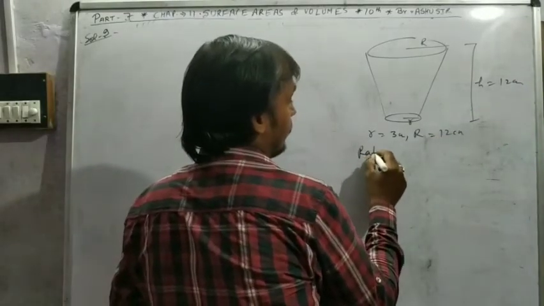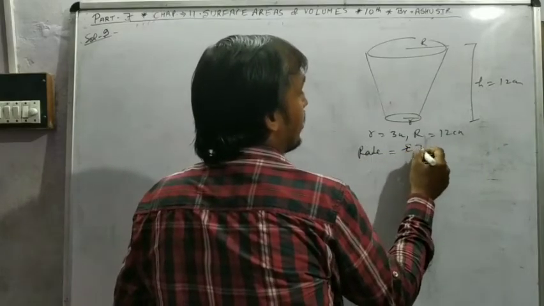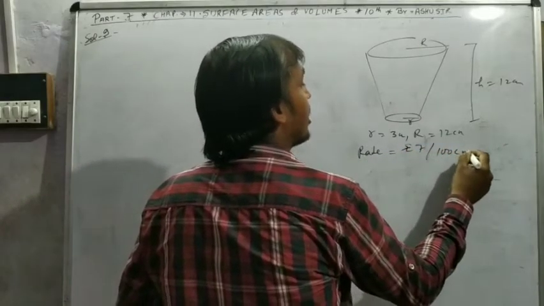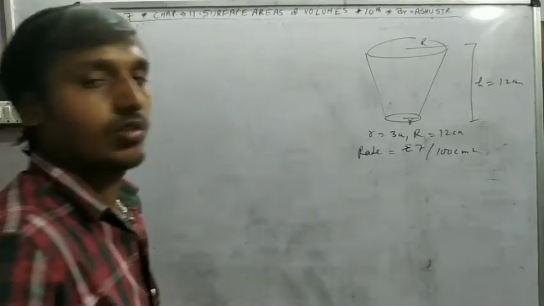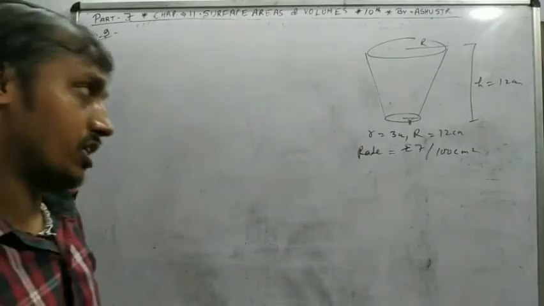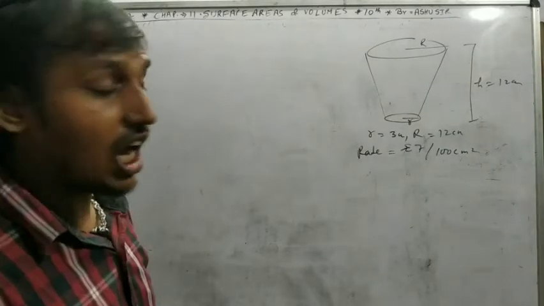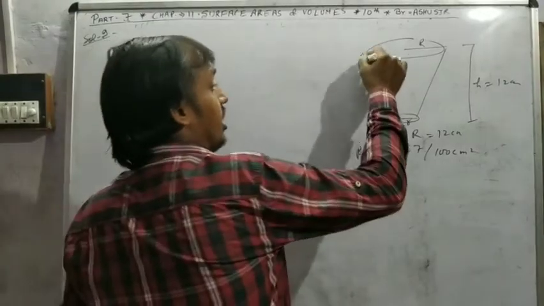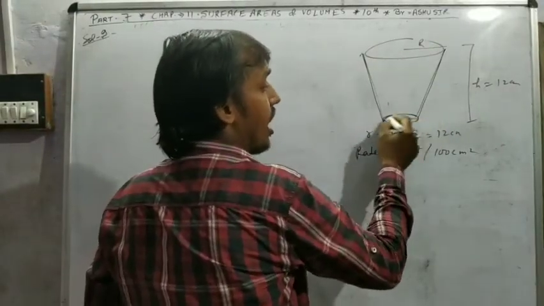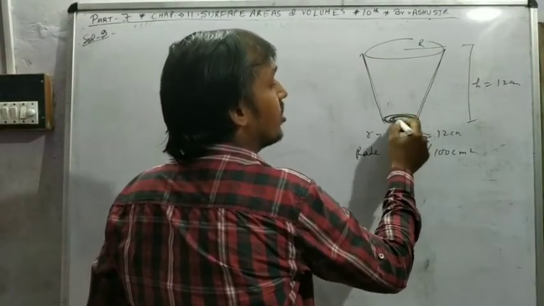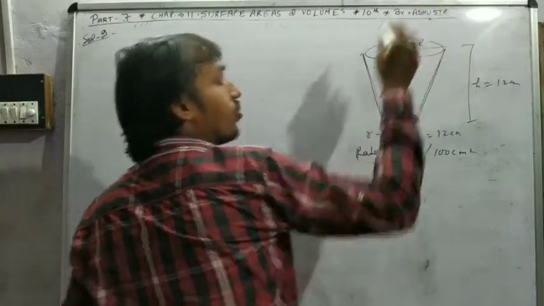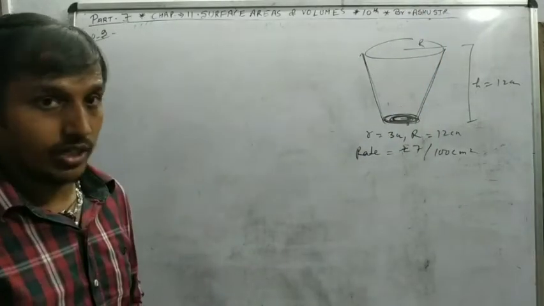Rate ₹7 per 100 centimeter square. Find the total cost of metal sheet. If I say this is the bucket of metal sheet, you know where the sheet is required. Here sheet required and here sheet required. This part is open, so here no metal sheet is required.